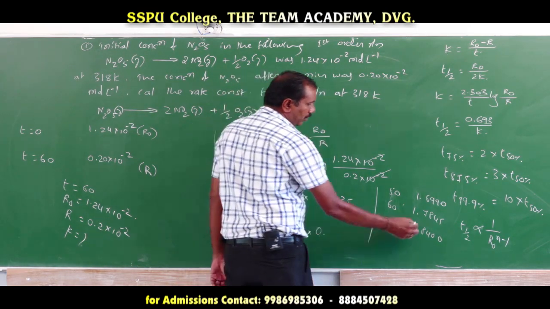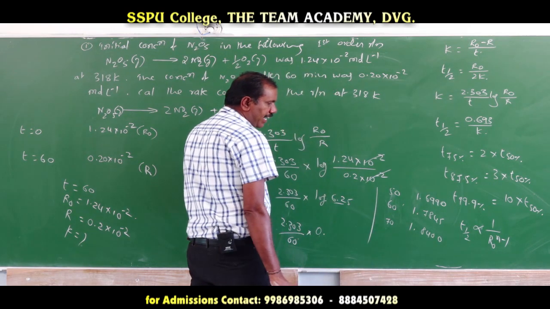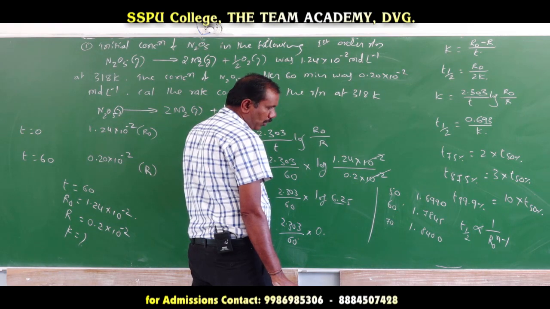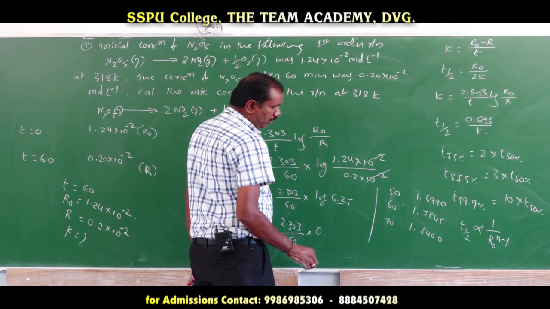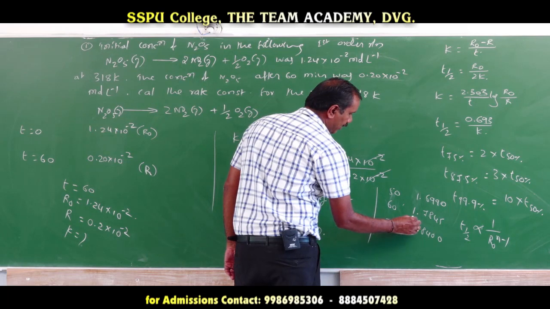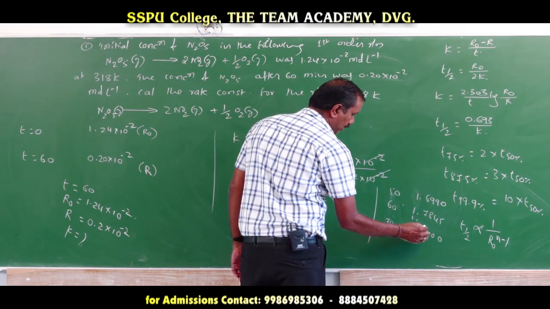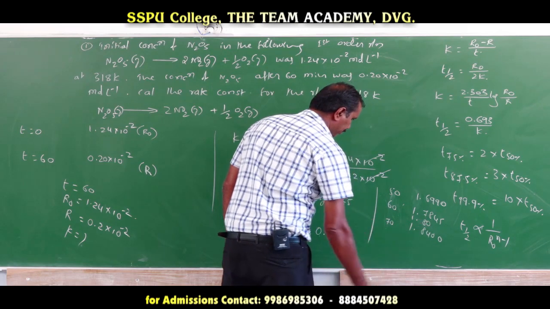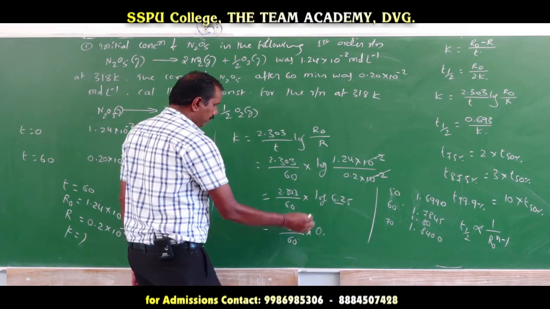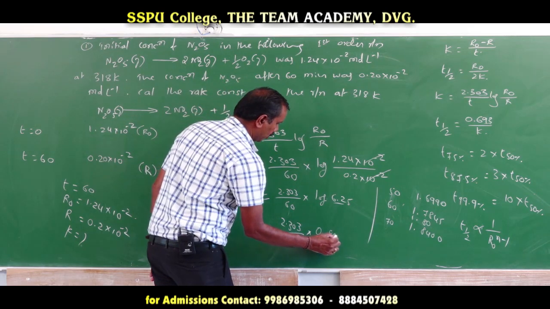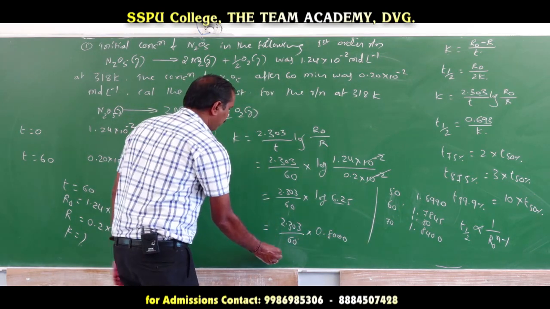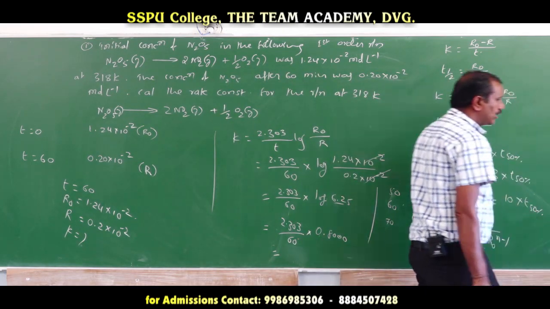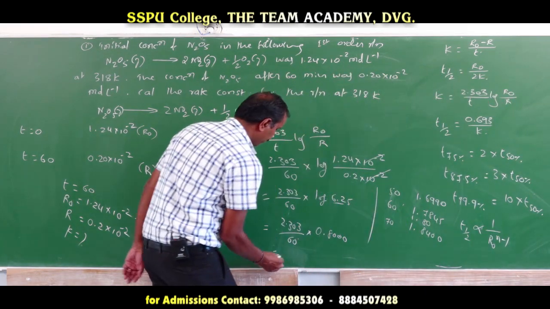It is 62; the difference is nearly 0.6, so 0.006 into 2. Nearly the value becomes 0.7980, roughly 8000. If we multiply these things, finally we get the answer 0.034.